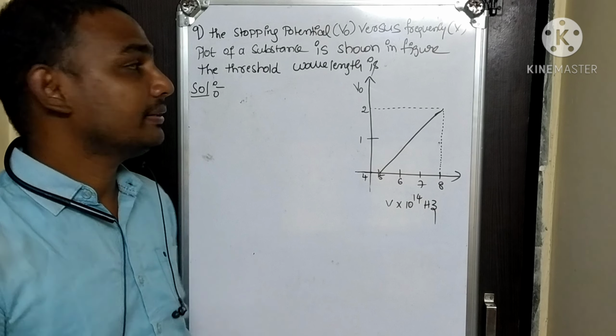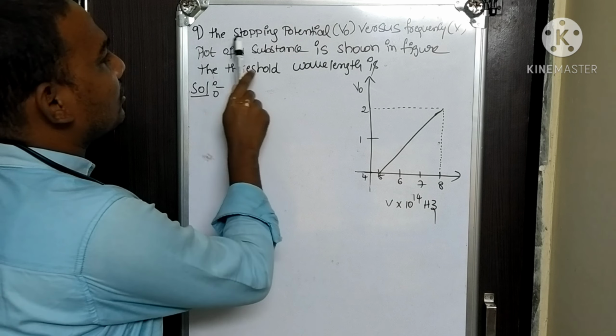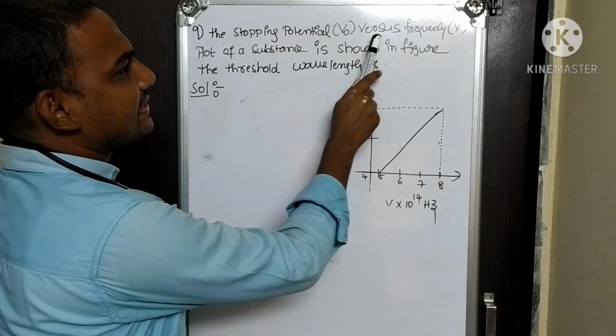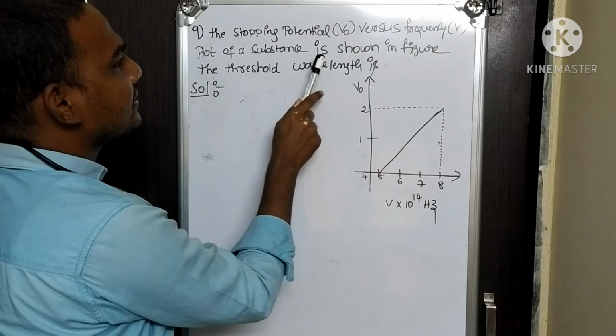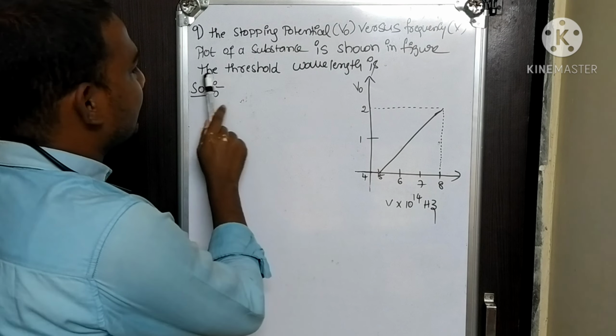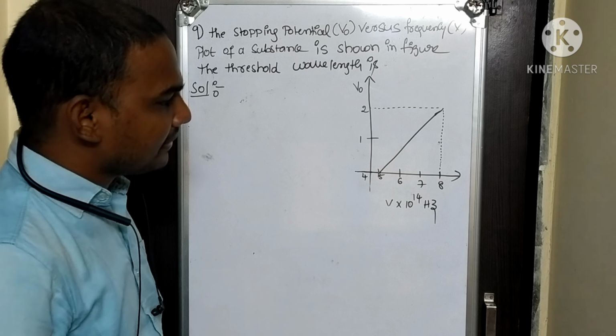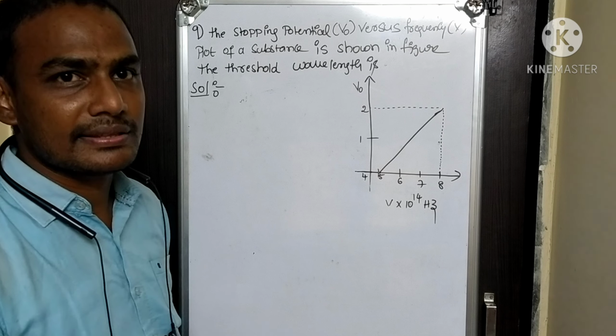Hi students, the given problem is: the stopping potential V0 versus frequency nu plot of a substance is shown in the figure. So this is the diagram. In this question they are asking to find the threshold wavelength.